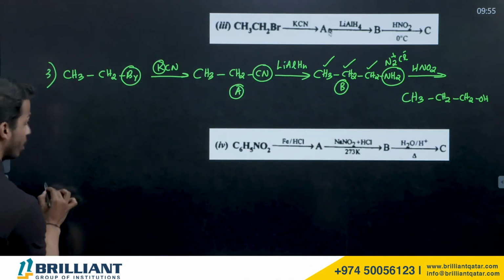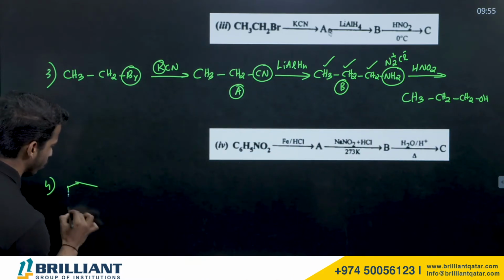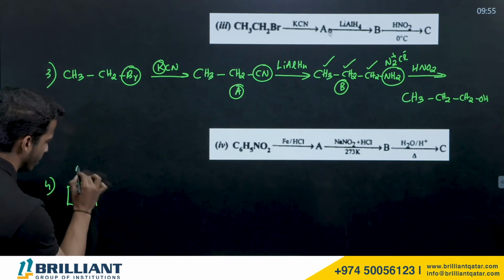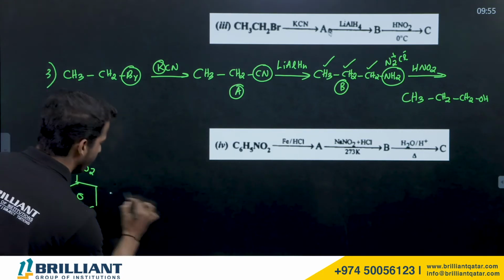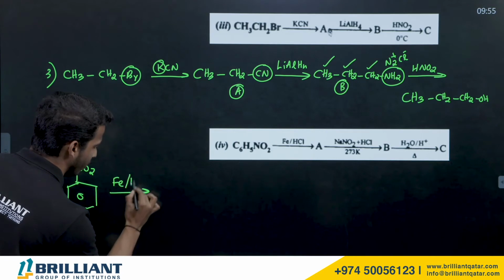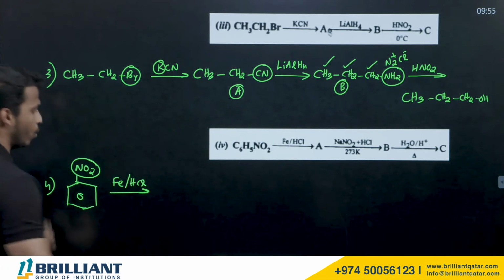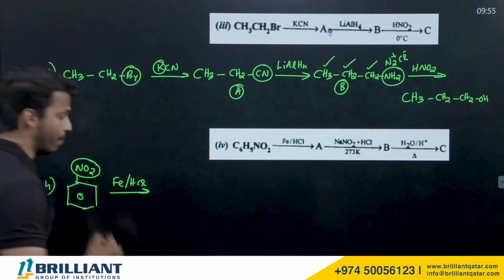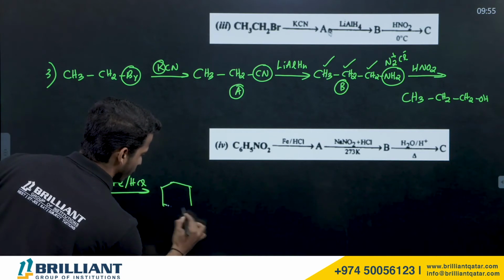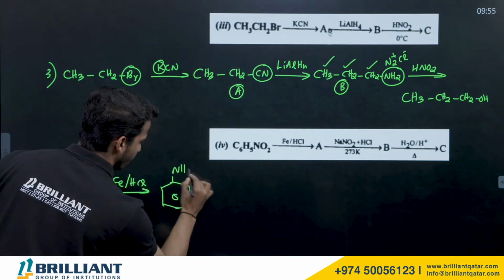Next one, question number 4, C6H5NO2, that is nothing but our nitrobenzene. Nitrobenzene, when treated with iron and HCl, which means reduction, you know, the nitro group on reduction will give amine, right? Amine. So benzene with NH2, all right?